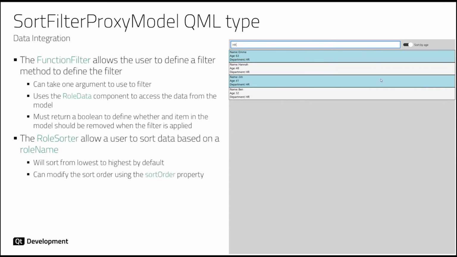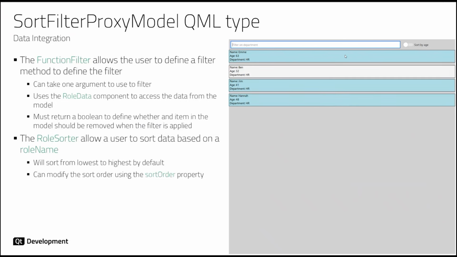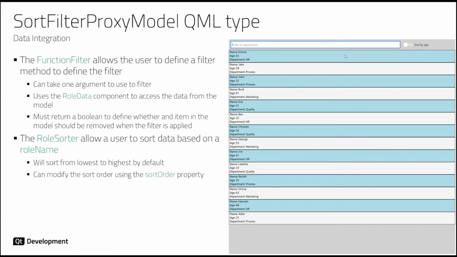So if I then go ahead and apply the filter on HR, we can see we maintained that sort, where we're still in descending order while still applying the filter. And I can, of course, go ahead and invalidate that sort as well. And then we'll have our original model's order with the filter still applied. So we're by no means restricted to only having a filter or a sort enabled at one time. We can have both applied at the same time.